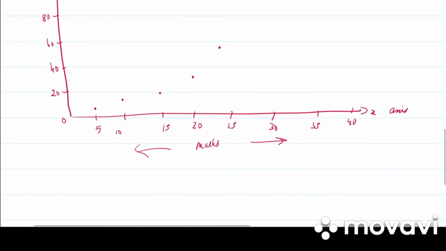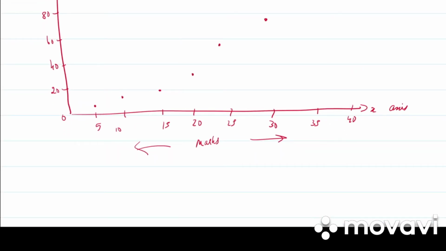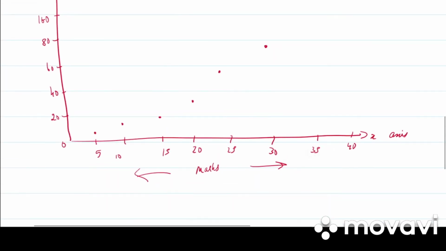This is a normal ogive which we draw. Then for 35 we have 95. And for 40 we have 100. So we'll be drawing the ogive. This is less than ogive.